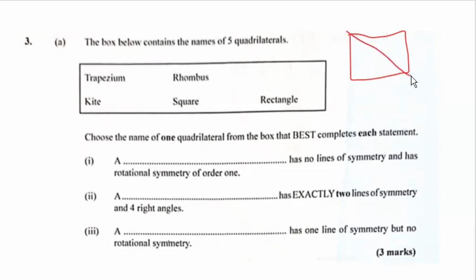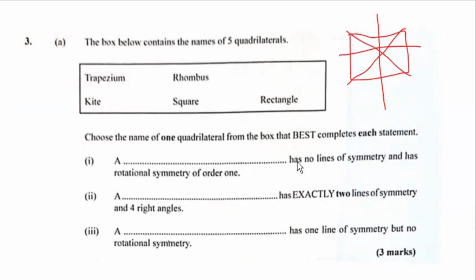So this is 1, this is 2, this is 3, and this is 4. Basically, the line of symmetry is looking at where on these quadrilaterals I can cut the shape and get 2 perfect halves.